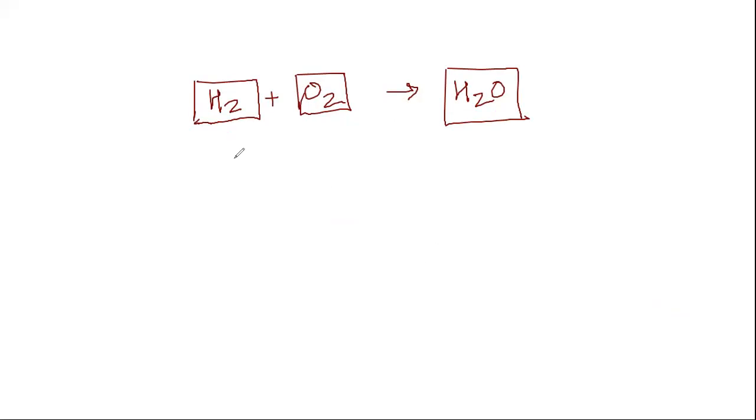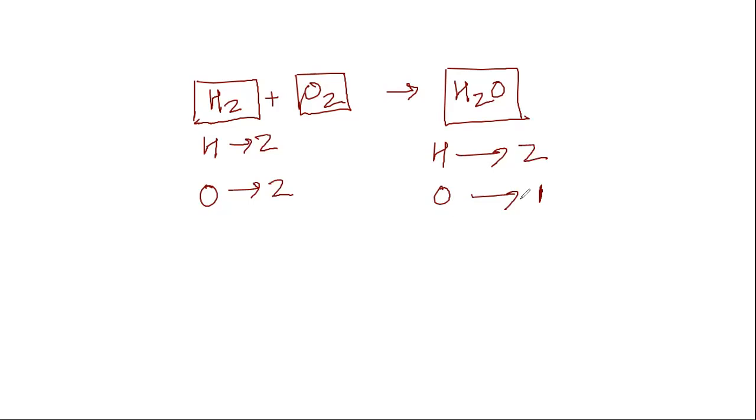Now we need to find out which one is having the maximum. If we look at H and O on both sides, here we have 2 hydrogen atoms and 2 oxygen atoms. Here we have 2 hydrogen atoms and 1 oxygen atom. So hydrogen is balanced on both sides, but oxygen is not balanced.